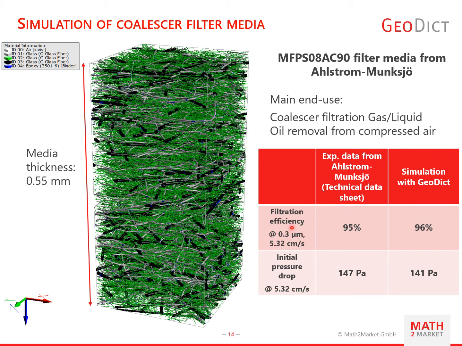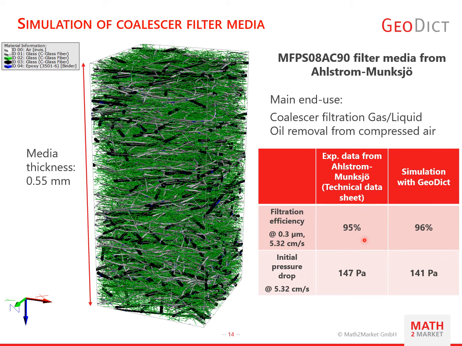So here you can see the filtration efficiency, which was measured for aerosols with a mean aerosol diameter size of 0.3 micrometer at a mean flow velocity of 5.32 centimeter per second, and also the initial pressure drops from experimental data and also the simulations.